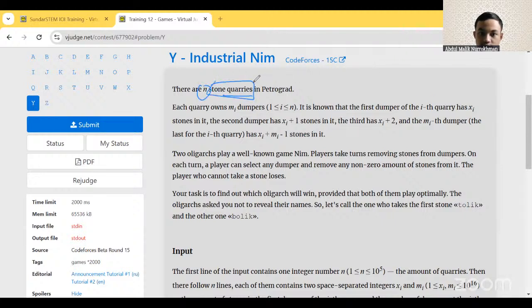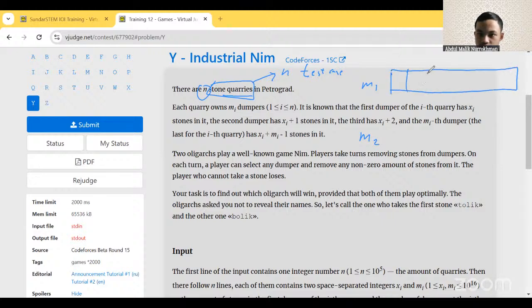It means we will solve n test cases. In the first test case, given an array with length M1, and in the second test case, given an array with length M2, and so on.